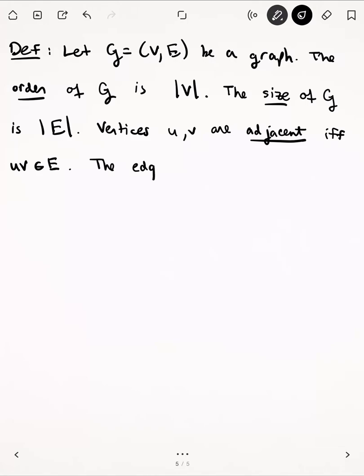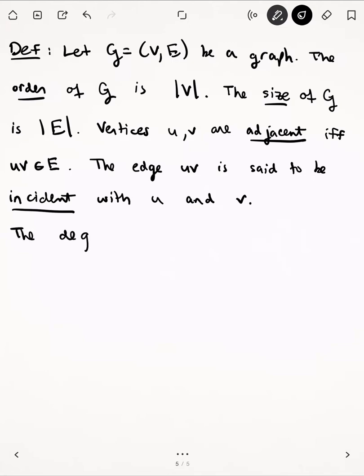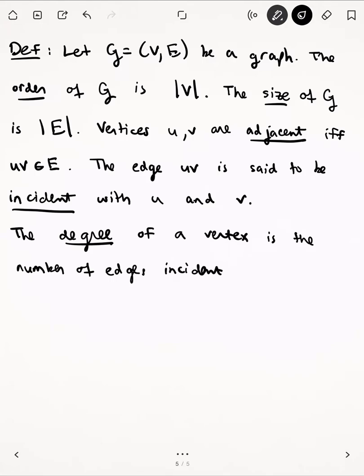The edge UV is said to be incident with U and V. The degree of a vertex is the number of edges incident to it.